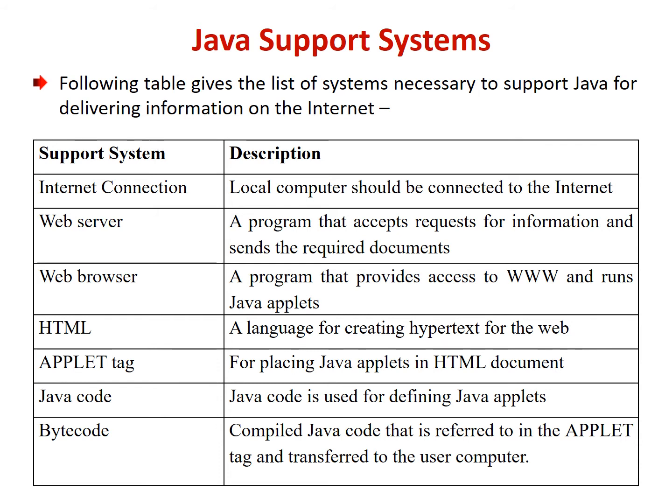Applet tag, this is required for placing Java applets in the HTML document. Java code, it is used for defining Java applets, and the bytecode, that is the compiled Java code referred to in the applet tag and transferred to the user computer.